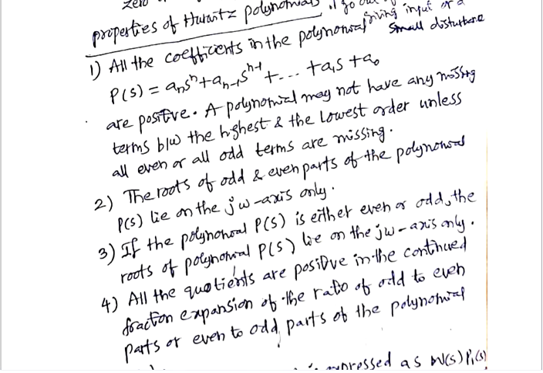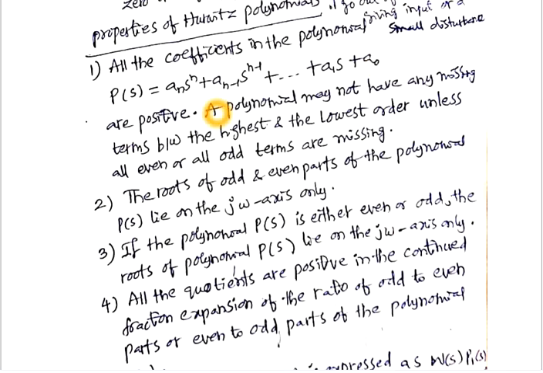Here a polynomial p of s is given as an example, having the coefficients a_n, a_(n-1) and so on down to a_1 and a_0. The highest degree is n, and the lowest degree is s power 0, that is 1. So here all the coefficients, a_n to a_0, must be positive.